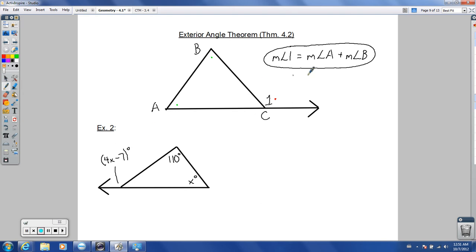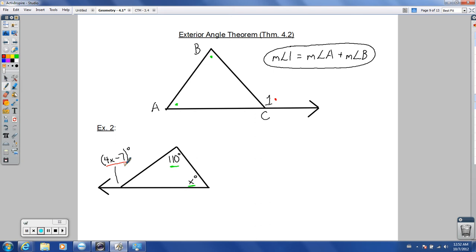So if we look at this theorem, I'll color code some things here too. Here's my green part, here's my green part, just like I had here and here. Those are my two interior angles on the opposite side of the exterior angle in question. So this red one is matching up with this one in the picture.